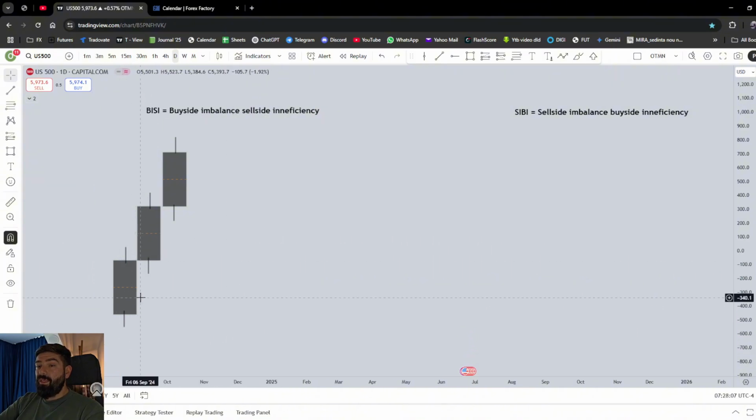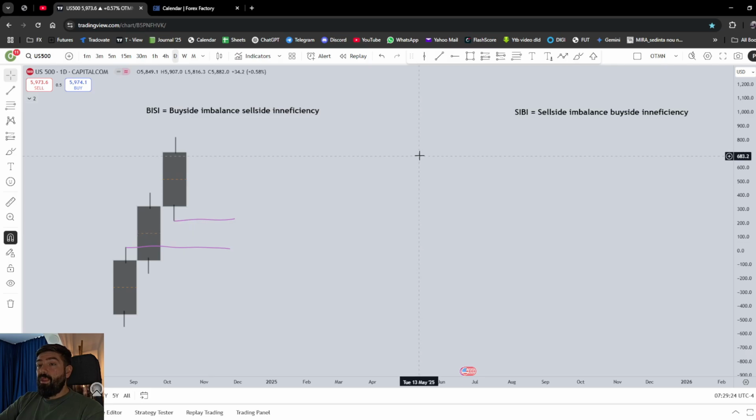We have candle number 1, candle number 2, and candle number 3. As you can see, between candle number 3 wick and candle number 1 wick, there is a gap. It's called a BC because we have a buy side imbalance which left this whole gap here, and we have sell side inefficiency because sellers weren't efficient in this zone.